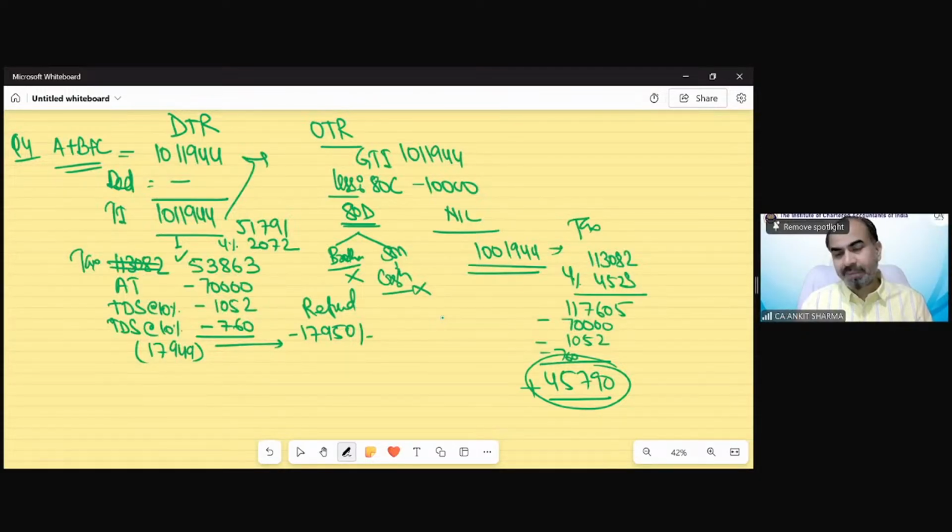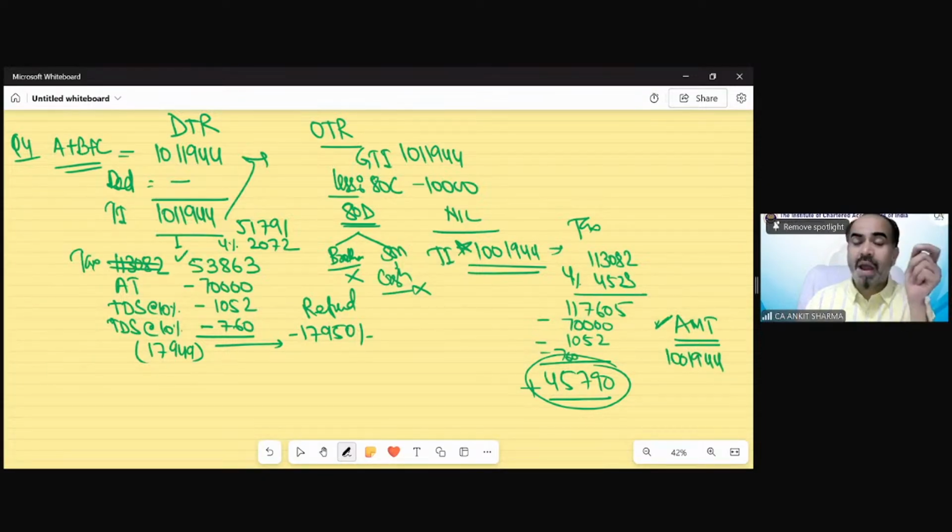Now you can see the AMT provision we need to check in this example. Why? Because we have to calculate tax as most beneficial to the assessee. For the purpose of AMT provision, we need to take the total income as per normal provision, 10 lakh 1,944.